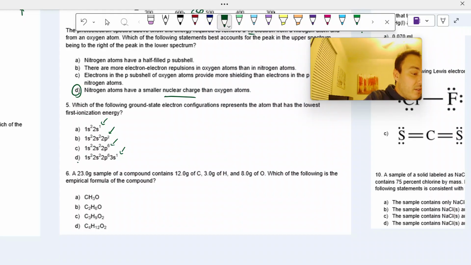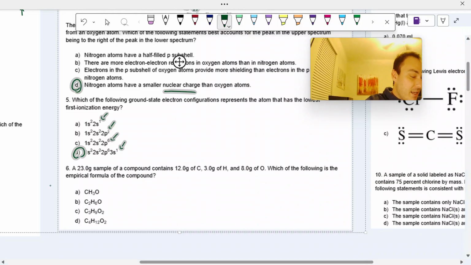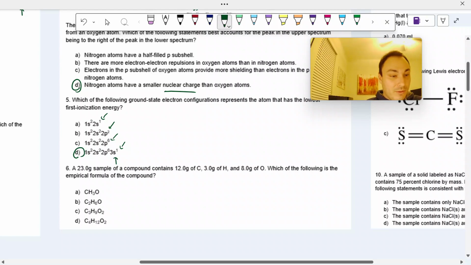The answer here is D. Remember, ionization energy dramatically decreases with size. So it's Coulomb's law. The further away from the nucleus an electron is, the easier it is going to be to remove. So the one that's removing from the 3 here is going to be way easier to remove than removing something from the 2 or something from the 1, and none of them are removing from the 1.